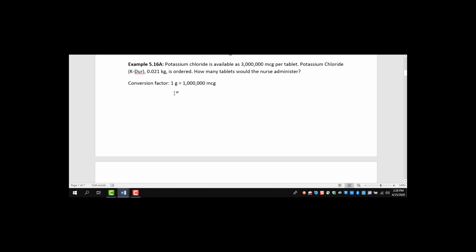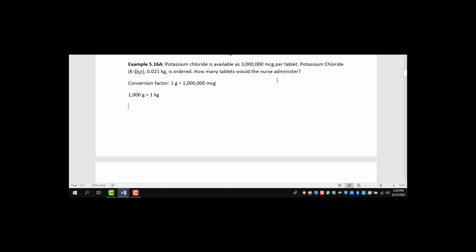So our first conversion, we should know, right? 1,000 grams equals 1 kilogram. Now I can do this with a proportion, or I could do it with dimensional analysis. Let's use dimensional analysis. So think about what I'm going to do. You might hit pause.